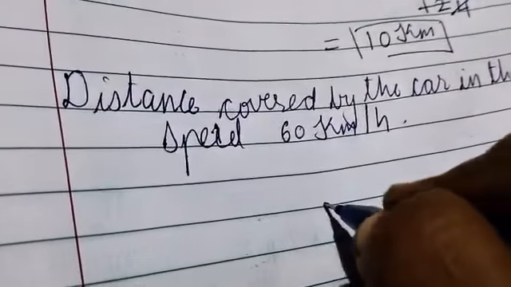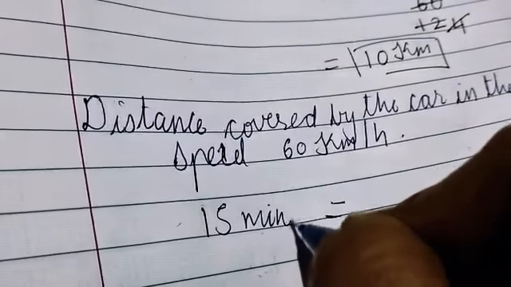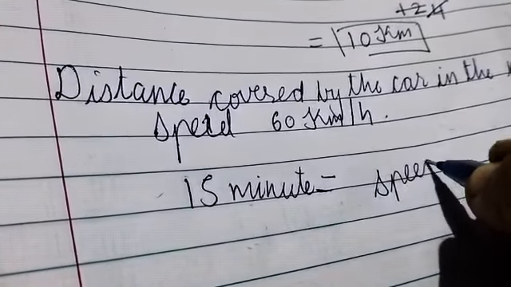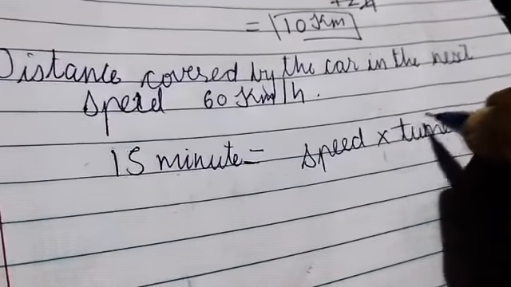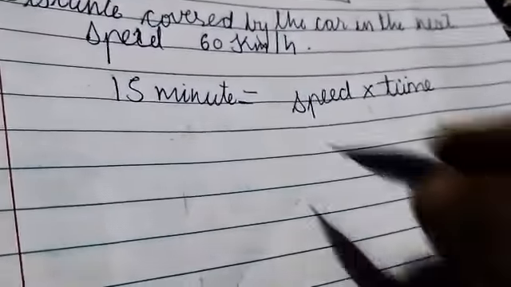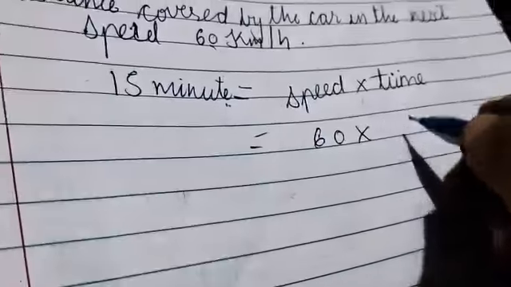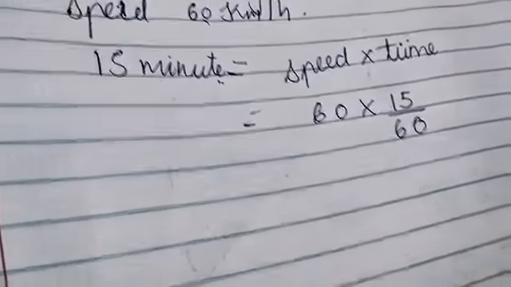तो हम क्या कर देंगे इसको ऐसे, distance for the next 15 minutes is equal to speed into time. ठीक है. Now we know this, what is the speed? 60. तो 60 लिख दो. टाइम क्या है? 15. आवर्स में डालना है तो इसको डाल दो नीचे 60. राइट.